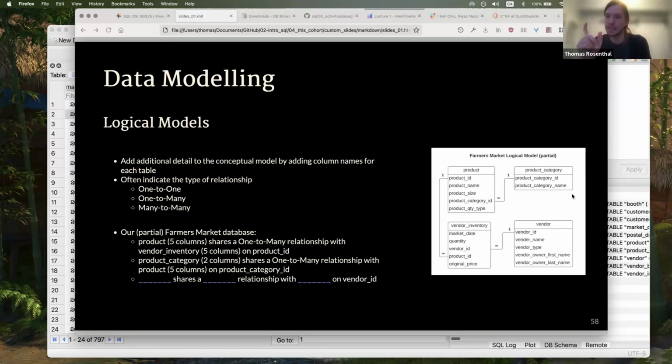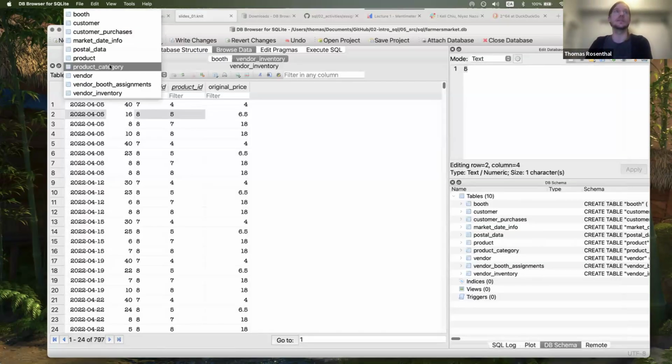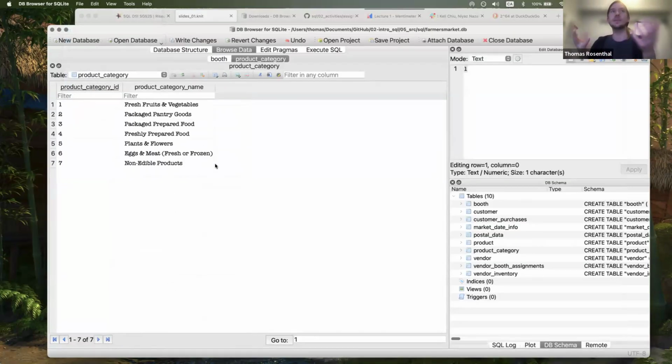Totally. Remember the optimization component. So we have IDs for product categories. And I love your question, right? Look how simple the product category table is. 7 rows, 2 columns, super simple. But when we're talking about joining the tables, which we'll do in a query, we'll push the tables together.